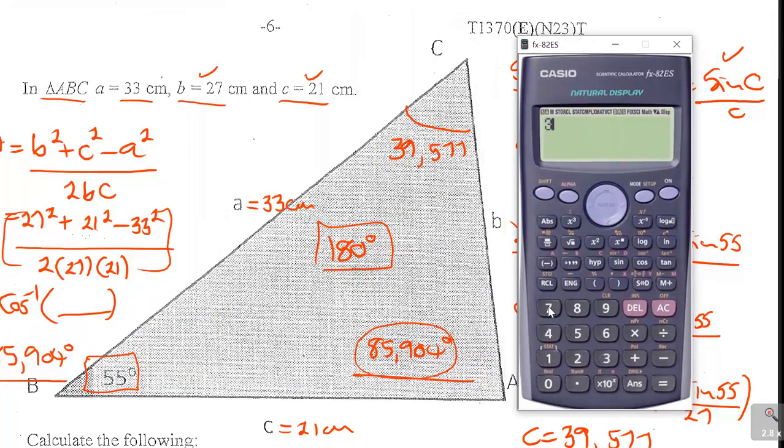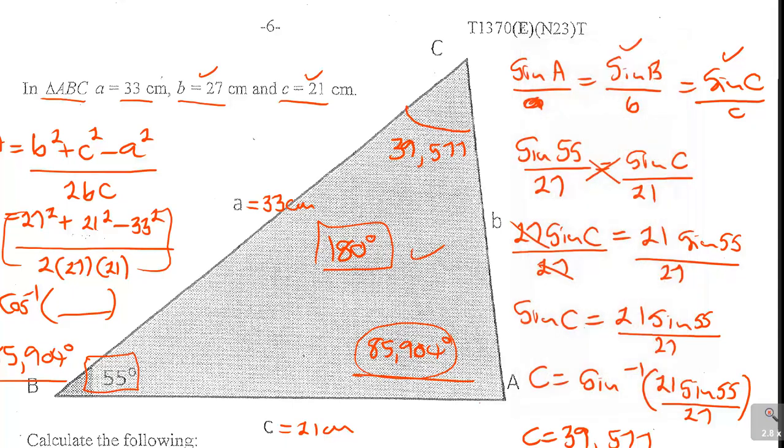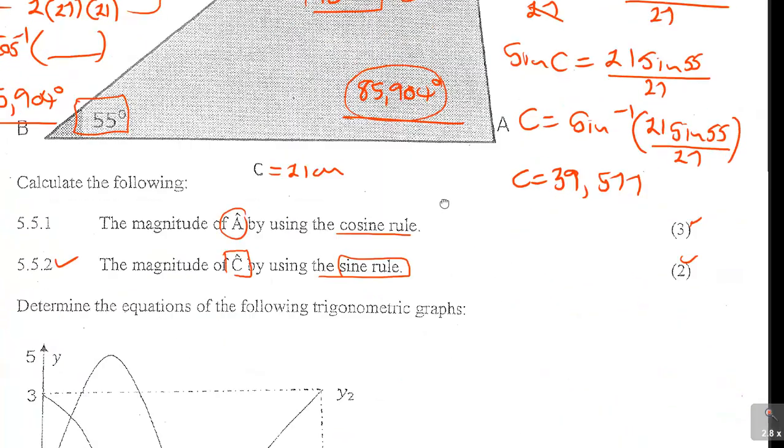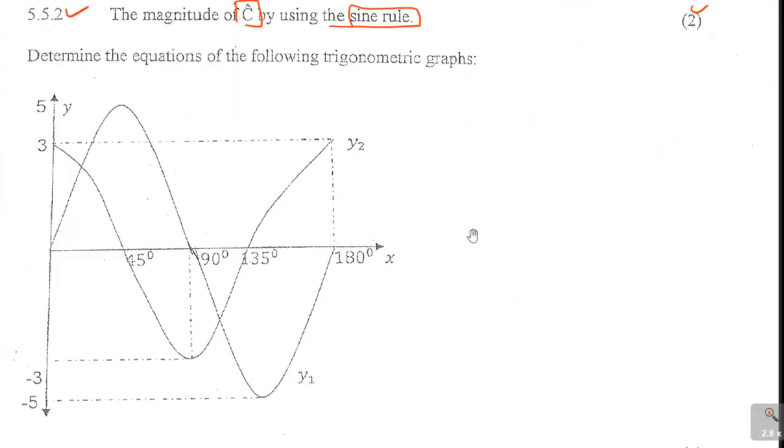If I add 39,577 plus 85,904 plus 55, I'm getting 180,481 because of the rounding off, but you can see that it works towards 180, meaning I did my simplifications correctly. So that is how you're supposed to solve that.